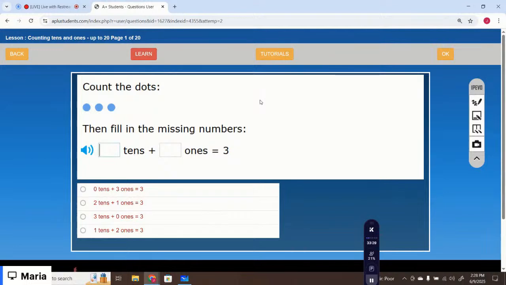Count the dots. How many tens and how many ones? The correct option is three ones. We have zero tens and three ones. That is option number one.